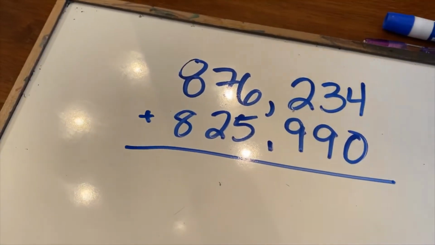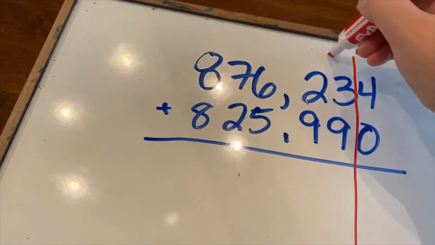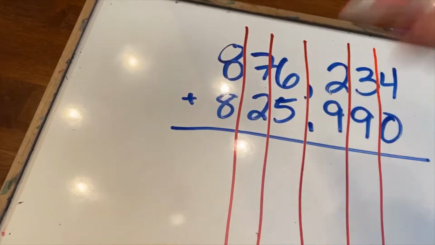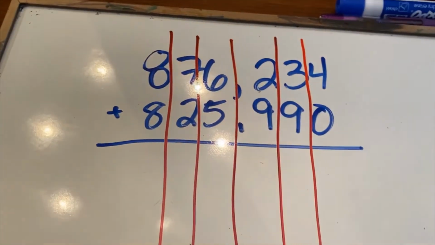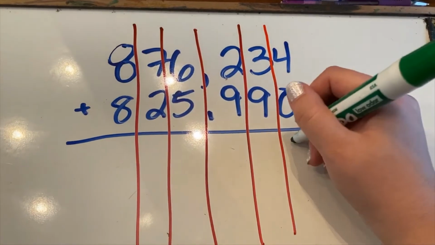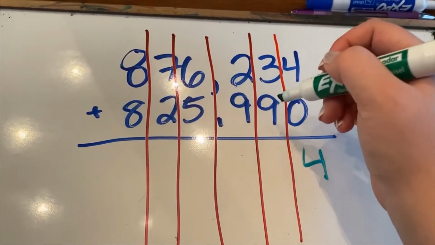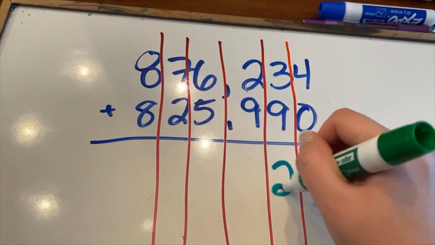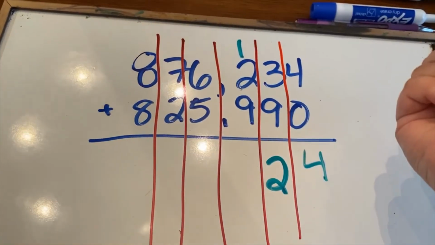You can use the lines if they help you. And we start in the ones place and work our way over. 4 plus 0 is 4. 3 plus 9 is 12. So I'm going to split up the 12. Ones place goes down here and the tens place gets regrouped.